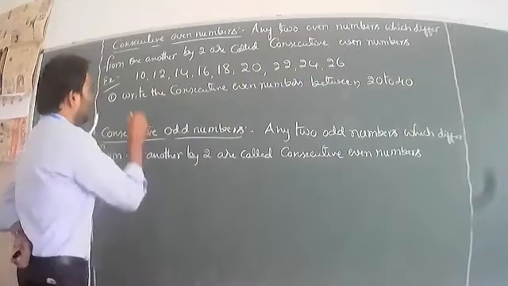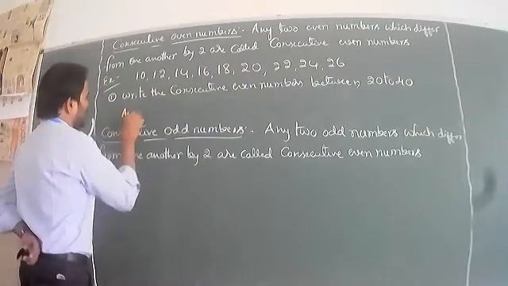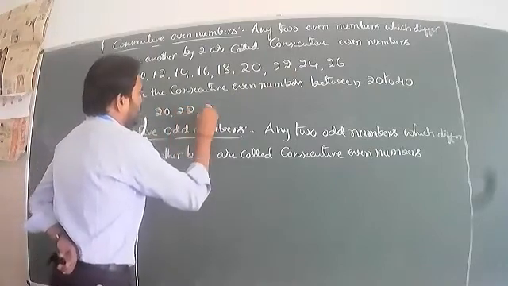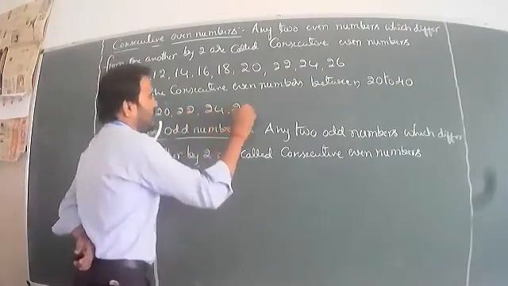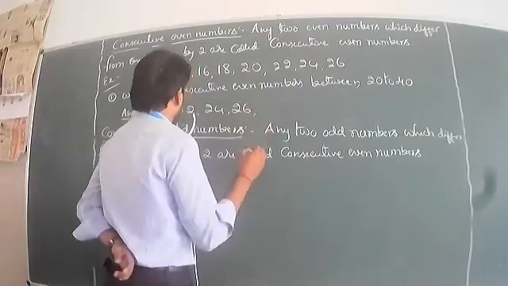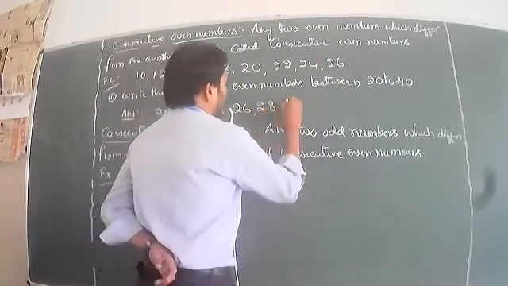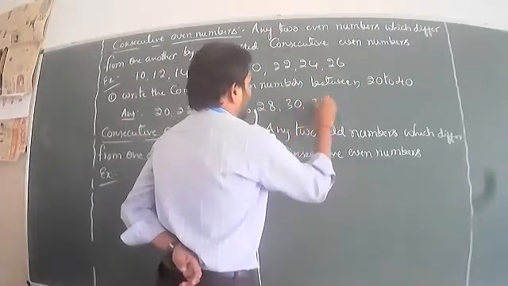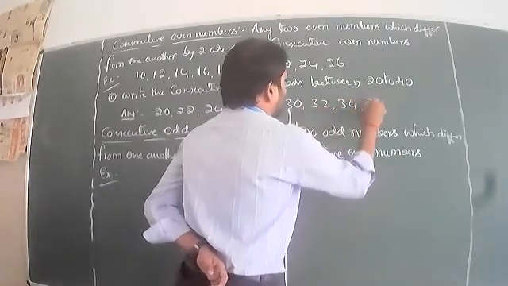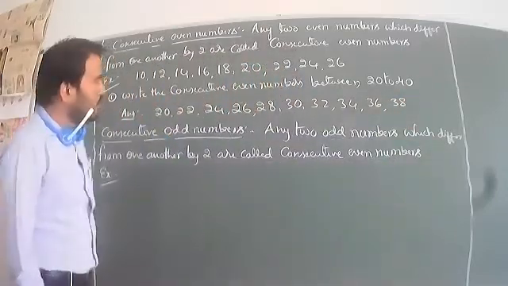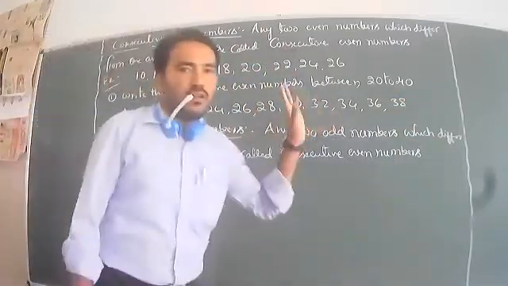We should write the answer: 20, 22, 24, 26, 28, 30, 32, 34, 36, 38. It is enough. These are the consecutive even numbers.